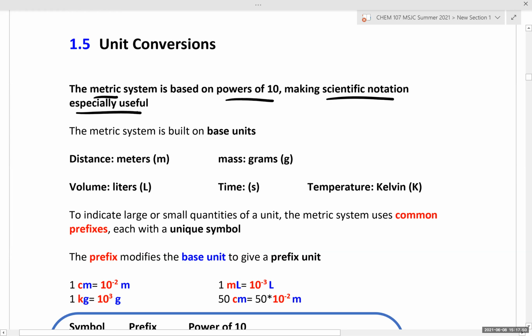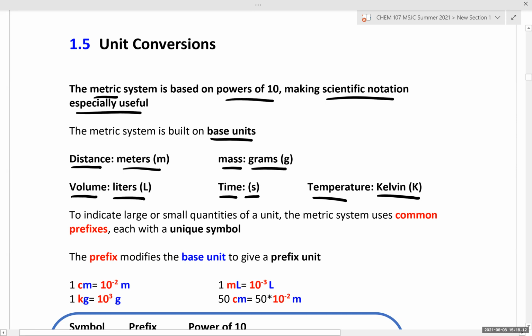So the metric system builds all of its units from a series of fundamental base units. Distance is described with meters, volume with liters, mass with grams, time with seconds, temperature with kelvins.